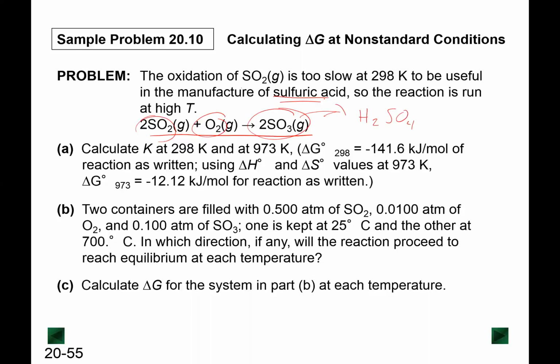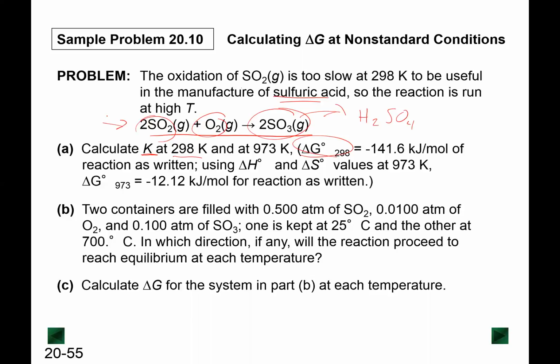Now, what we're given then is three problems to solve related to this reaction. First, we're asked to calculate the equilibrium constant at 298 Kelvin. We're given the standard free energy change for 298, and that would be negative 141.6 kilojoules per mole of the reaction, as is written here.